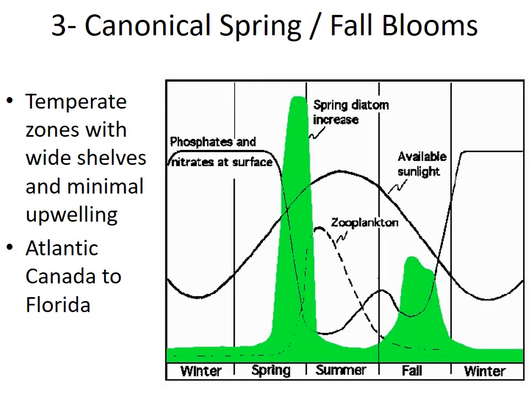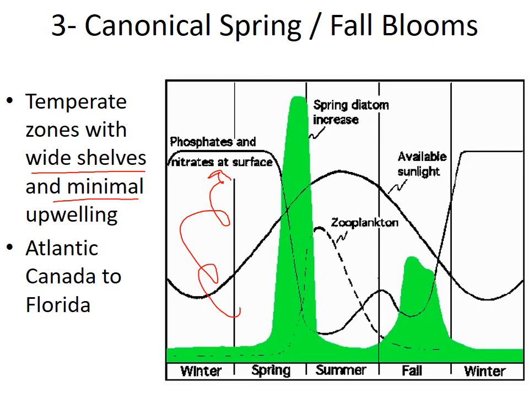Then we've got this classic spring bloom, fall bloom system in the continental shelves of areas at mid-latitudes, temperate zones. Not all temperate zones have this kind of system. Usually it's temperate zones with wide continental shelves and minimal upwelling, where the mixing in the wintertime and destratification is the main way that the nutrients are brought up to the surface.